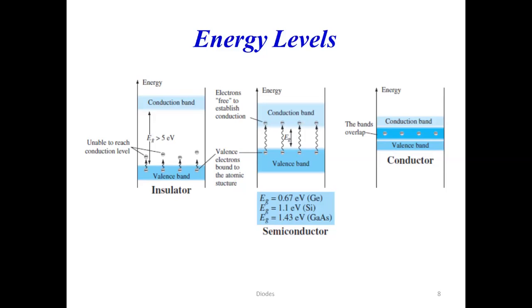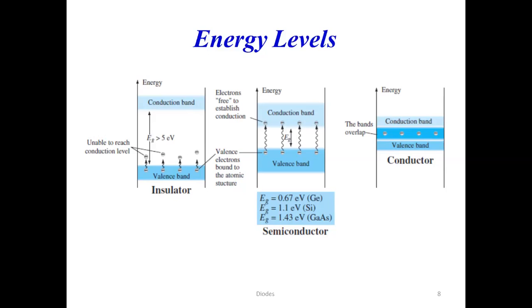If you remove the applied bias, again those electrons will come back to the valence band. In short, you can switch this particular material on and off. That means the conduction and non-conduction of the semiconductor material can be controlled.